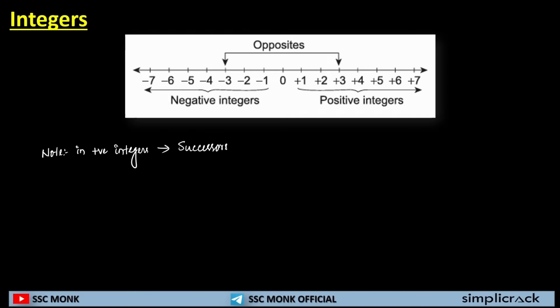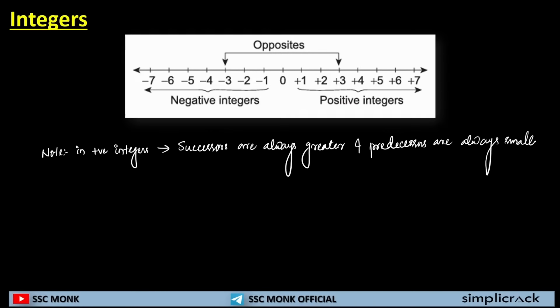successors are always greater and predecessors are always smaller. Whatever number you take, like here 0, 1, 2, 3, 4, 5, the successor of 2 is 3, so 3 is always greater than 2.